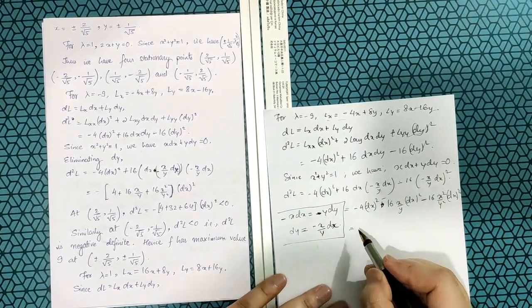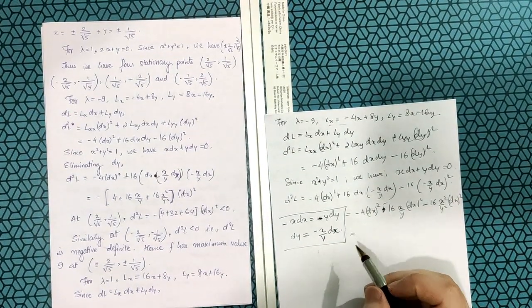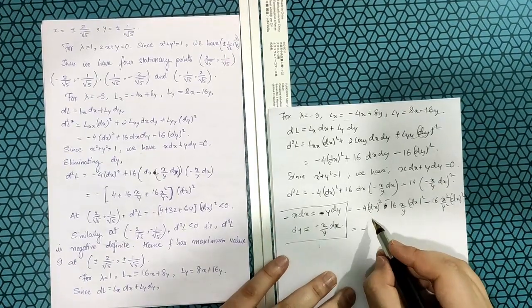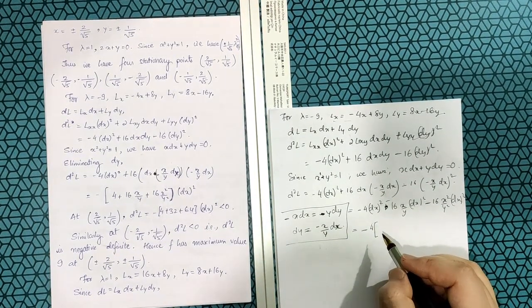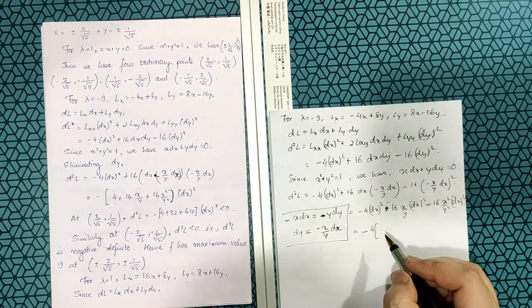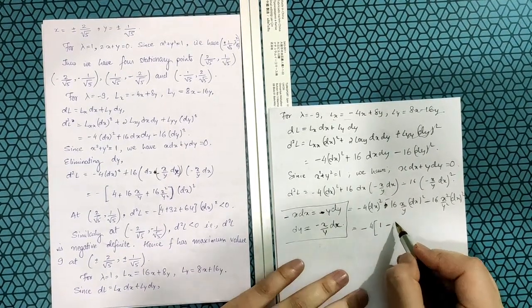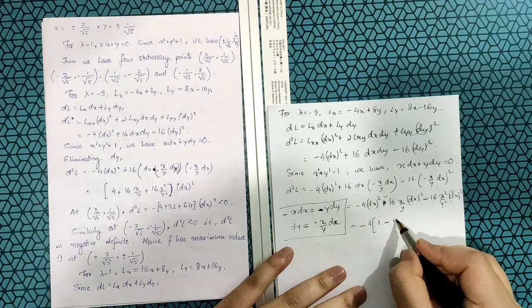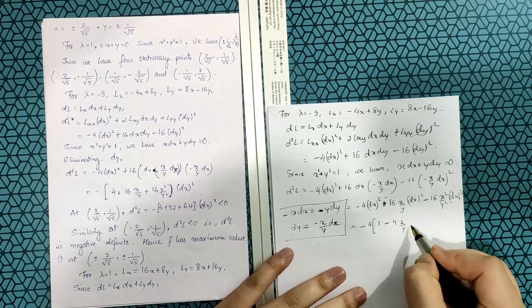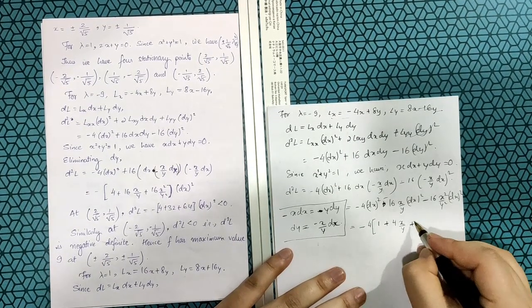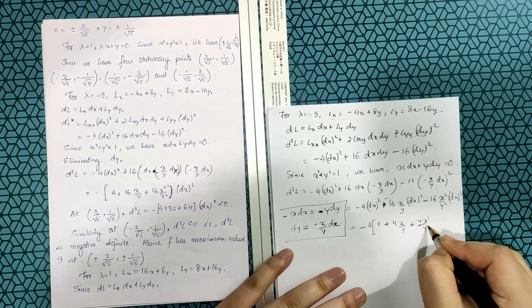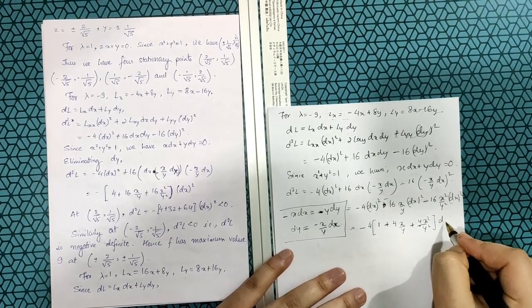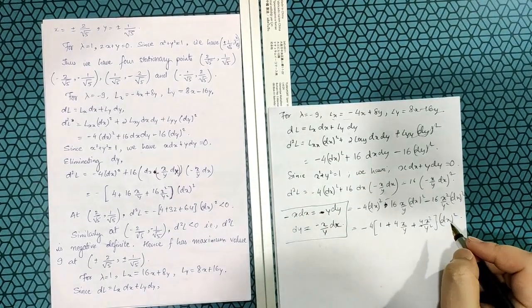So we can take x square common, and I think negative also common. So negative common, we can write 4 here, and we'll get 1 minus 4x by y plus 4 x square by y square, all times dx square, right?